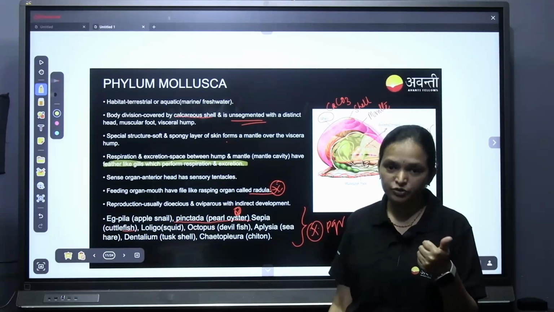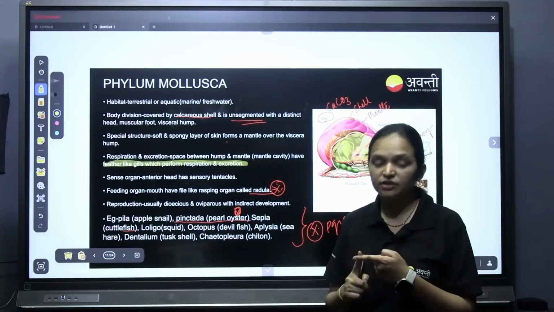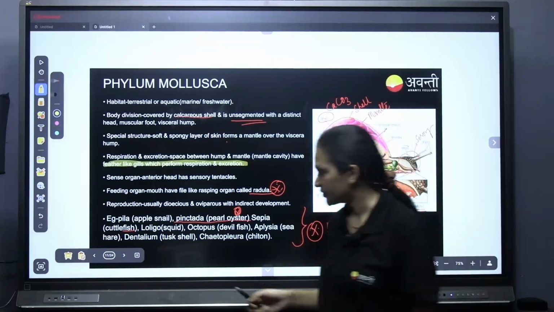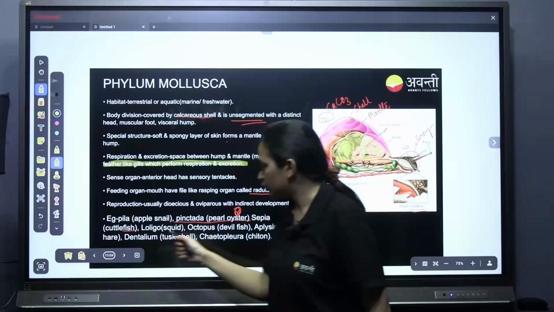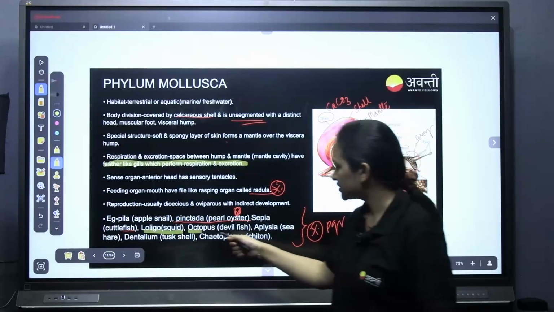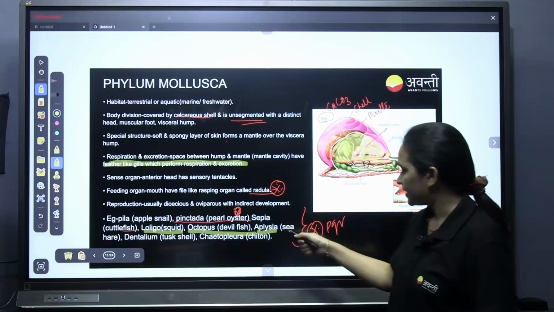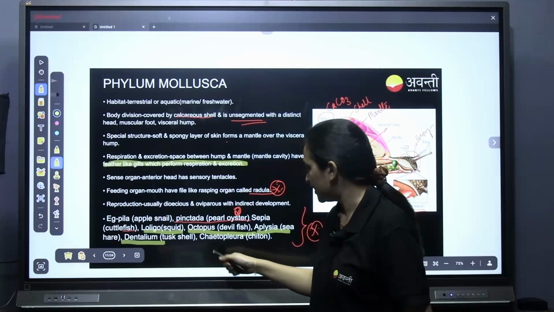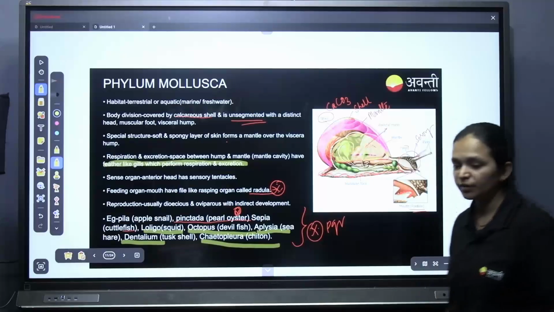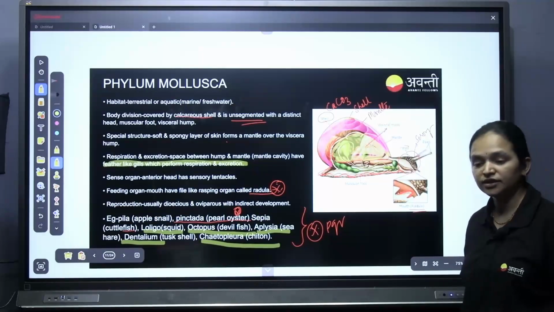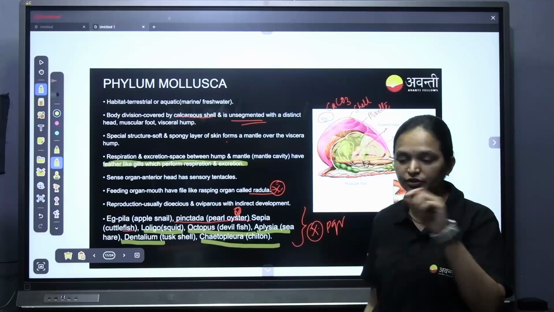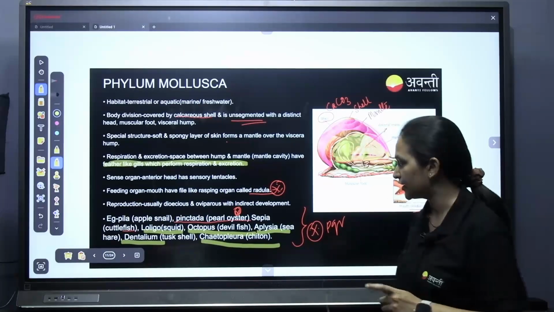Silverfish is an arthropod, cuttlefish is a mollusk. Fish in the name doesn't mean it is in class Pisces. Loligo means squid, then octopus, Aplysia, Dentalium is a tusk shell, and Chiton. These all are very important examples, and examples for match the following have already come in previous year questions.